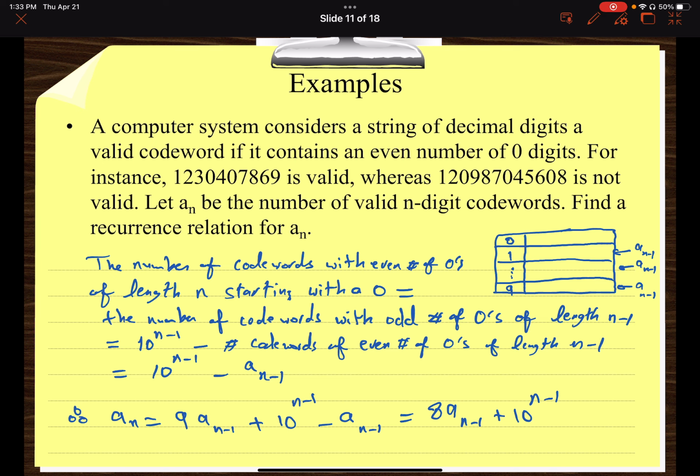Why 2? I have an minus 1 and 10 to the power. So what is a1? How many code words of length 1 have an even number of zeros? 9. A1 is equal to 9, and now you can compute A2, A3, A4.